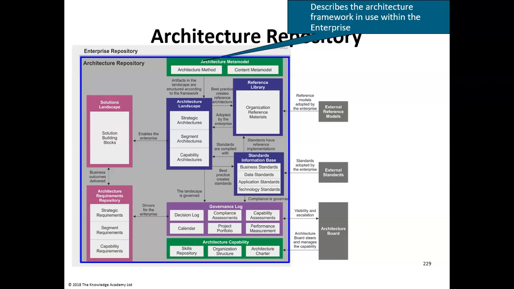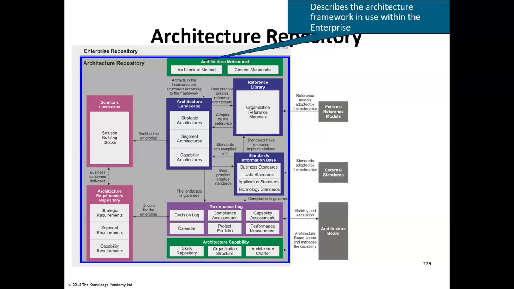Now, the first one says architecture meta model. What does it contain? Basically, it says the architecture meta model describes the architecture framework in use. So what does it describe?